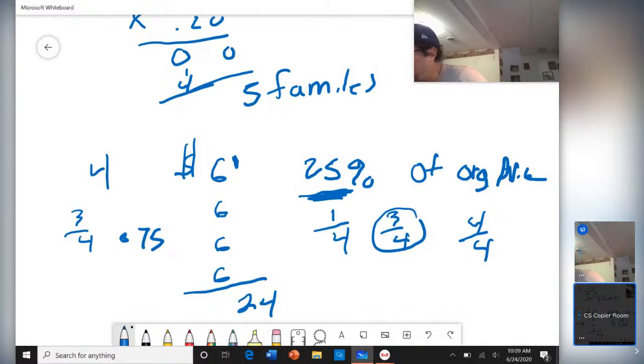Or for that one, maybe it's just in your head that you know, okay, so 25 is broken into fours. It's 6, 6, 6, 6. That's going to equal 24. So that one's easy because the 25% is $6 off. So the original price was $24. Okay.